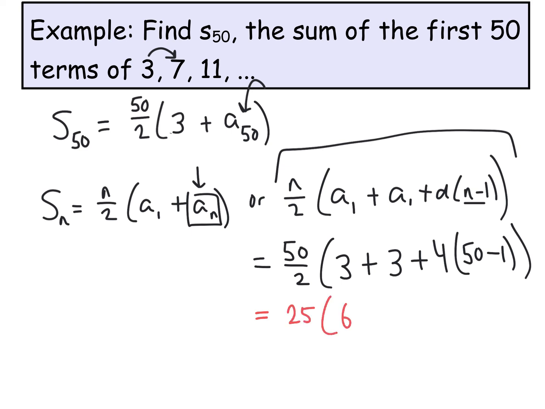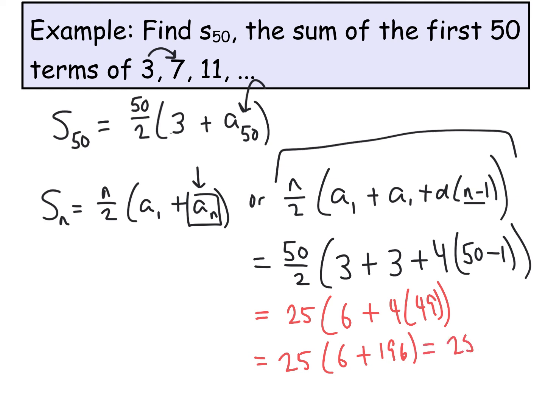We have 3 plus 3, which is 6, plus 4 times 49. So 25 times 6 plus, the 4 times 49 is 196. Doing the parentheses, 25 times 202 is going to give us our final sum of 5,050.